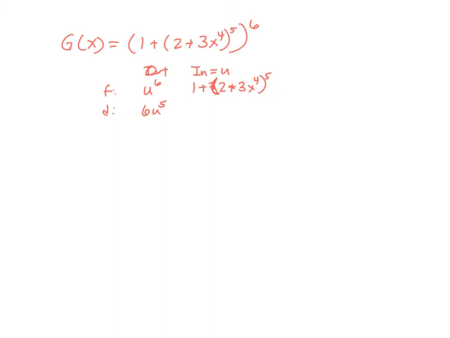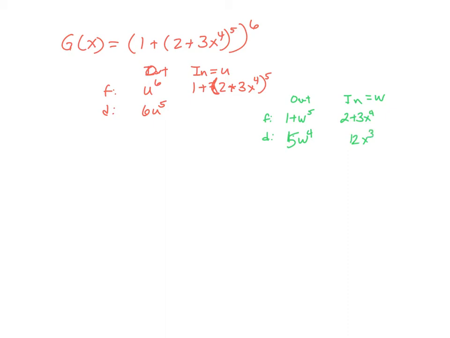Let me change my pen color here to try to keep track of stuff. So for this one now, my outside might be 1 plus w to the fifth, and my inside would be 2 plus 3x to the fourth, where I'm calling that w. And so the derivative would be 5w to the fourth, and the derivative of the inside function would be 12x to the third.